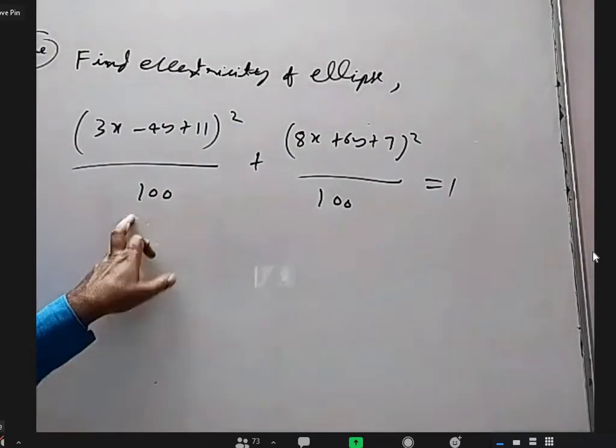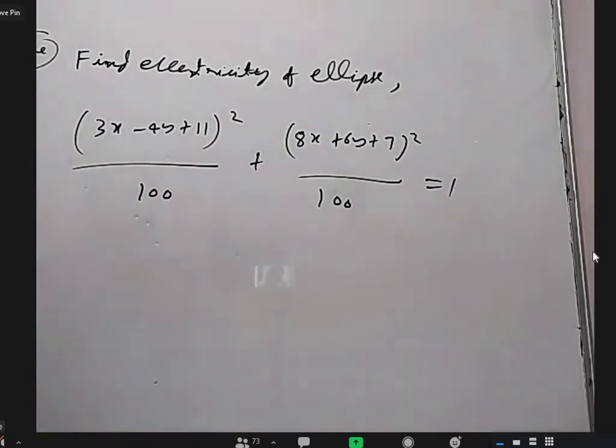Because these two numbers are the same, should I say it is a circle? No. Okay, try to find the eccentricity of the ellipse.